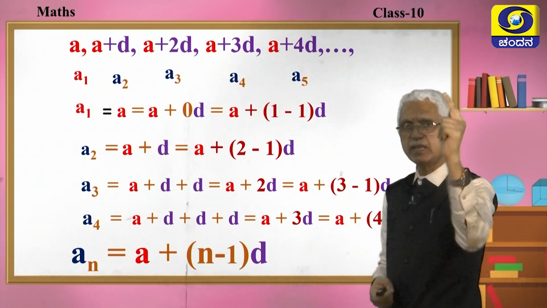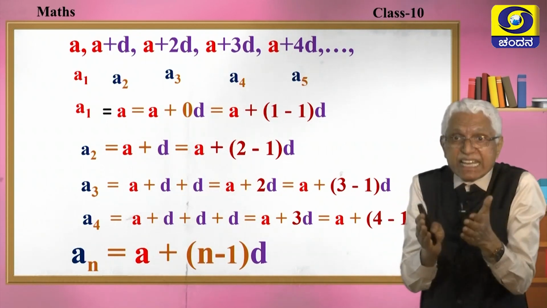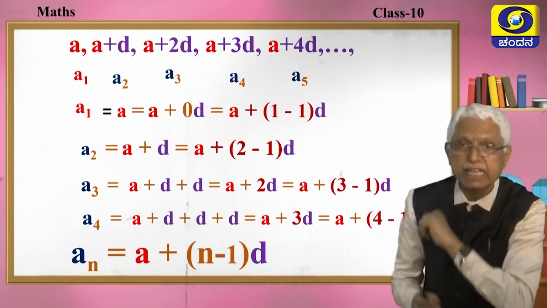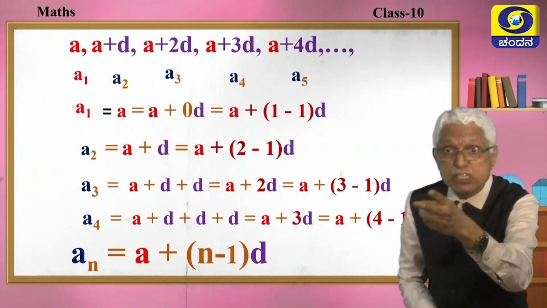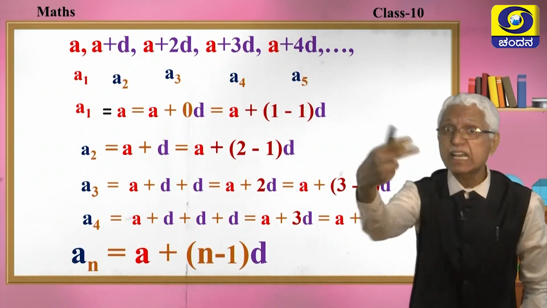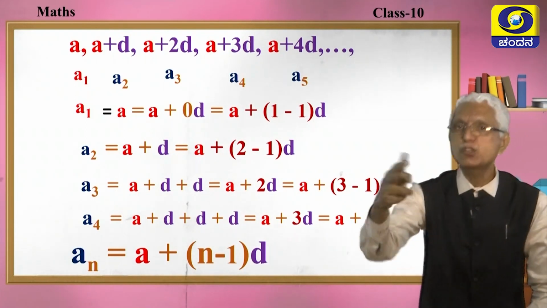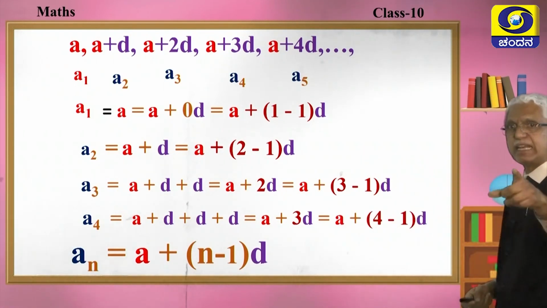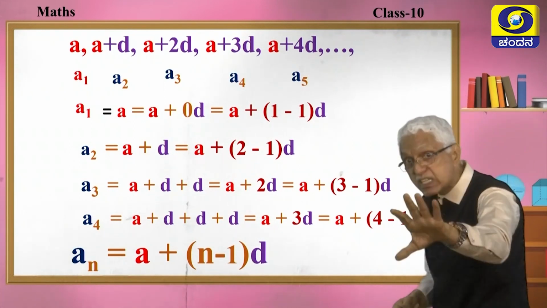Which is the first term? A. What is the difference? D. A plus D. D is nothing but 1D, correct? That 1 is written as 2 minus 1. See the beauty of it. 0 was written as 1 minus 1. 1D, 1 is written as 2 minus 1. Take the second example. A3 is A, first term, plus D, second term, plus D, third term.